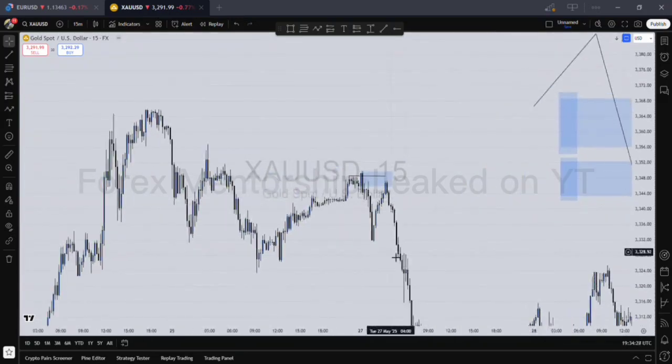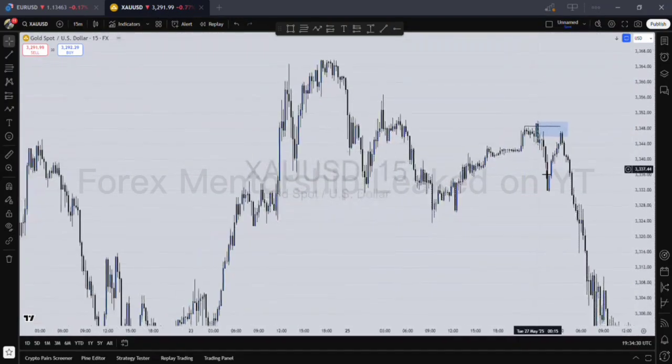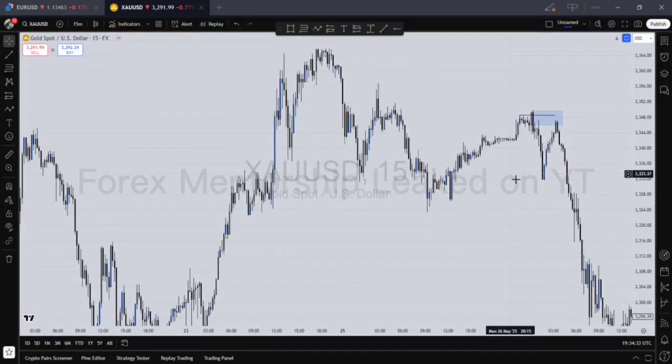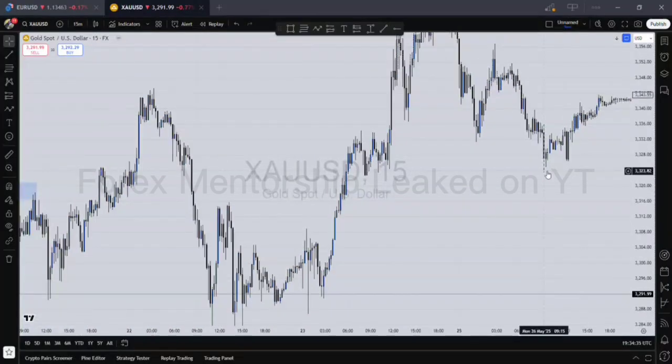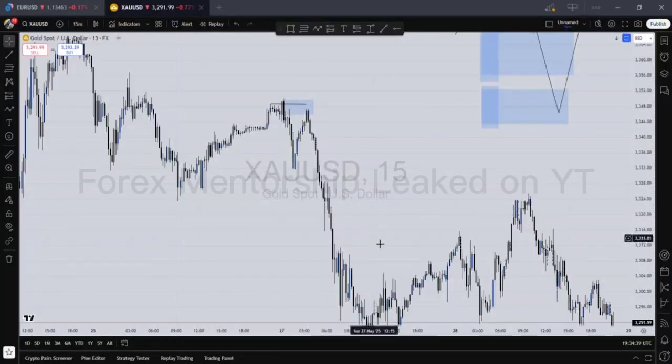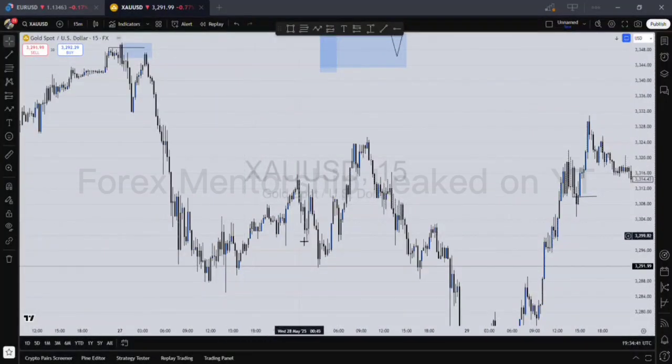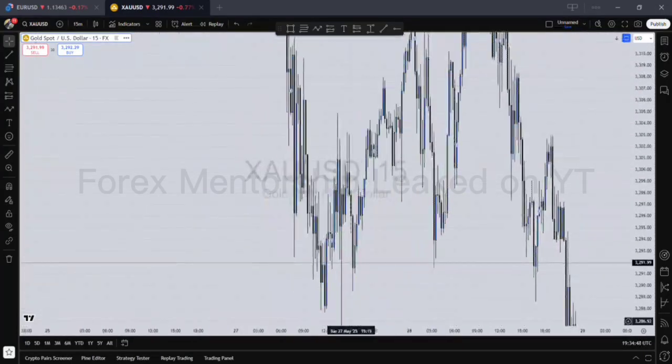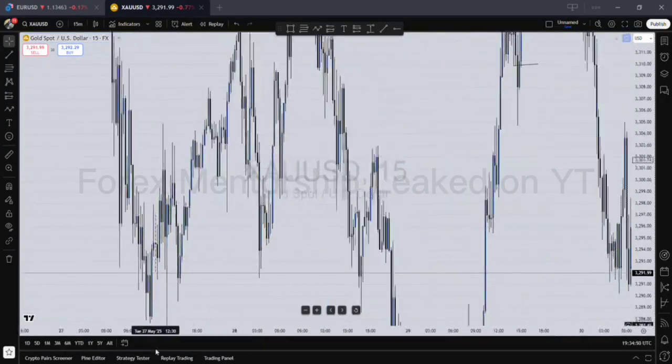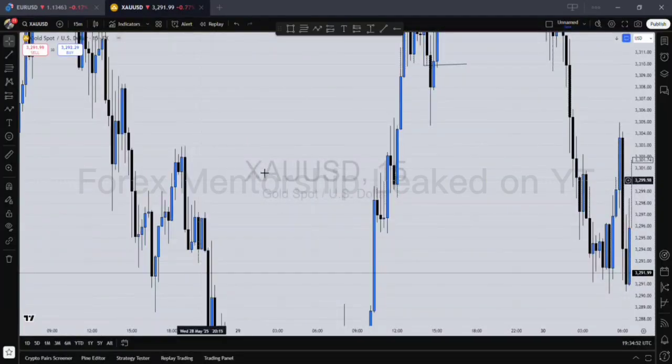Let me show you guys what I mean. If there is no inducement or engineered liquidity, and there are two fair value gaps like that, and you don't know which one to pick, go for the lower one first. Look at an example here. I took this buy. Was it on Tuesday or Wednesday?